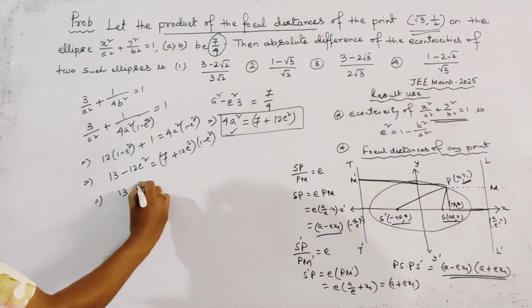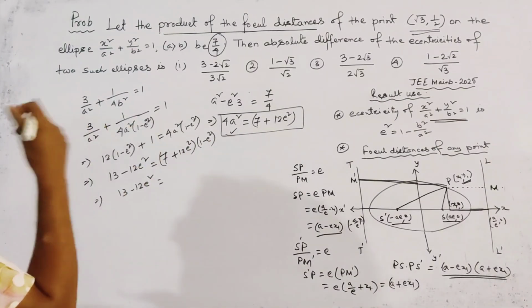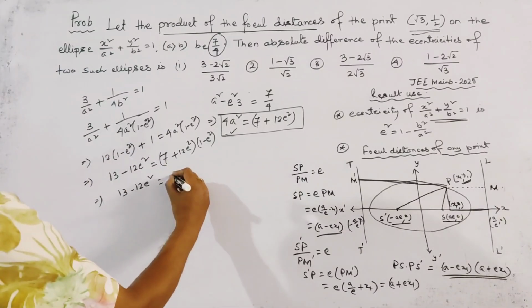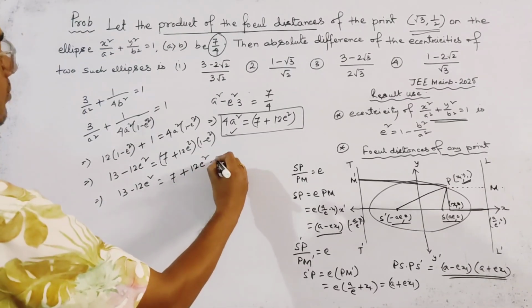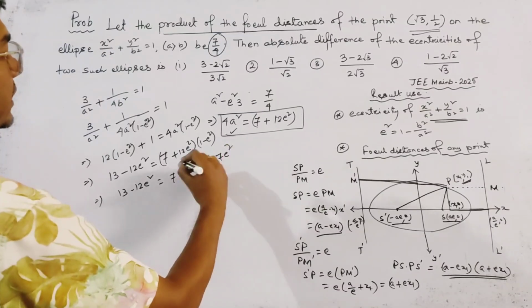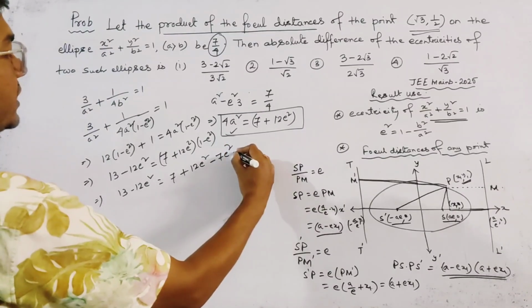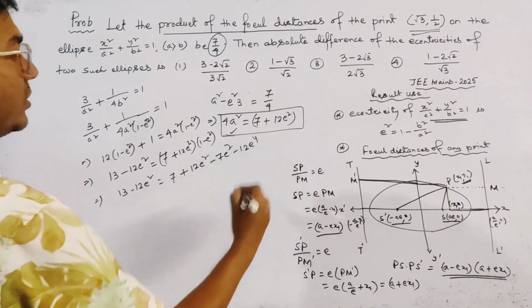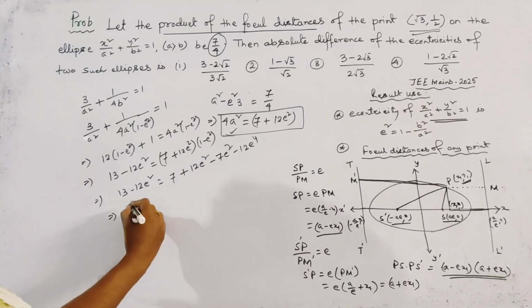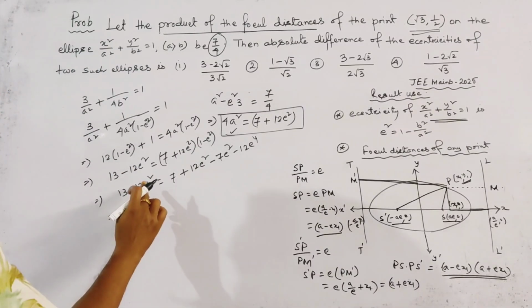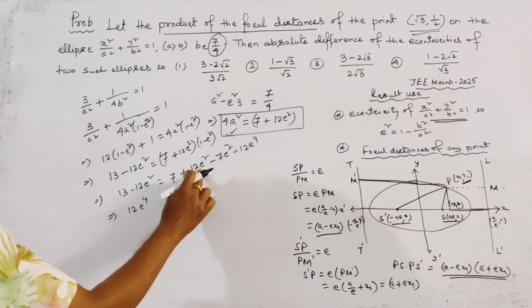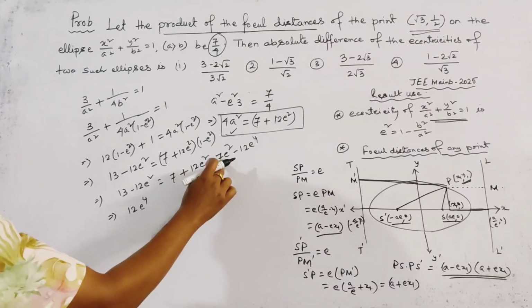Now 13 minus 12e square, by multiplying this result we get 7 plus 12e square minus 7e square, and this is obviously minus 12e to the power 4. So we get 12e to the power 4, and then minus 12e square and minus 7e square, and plus 7 on the other side.